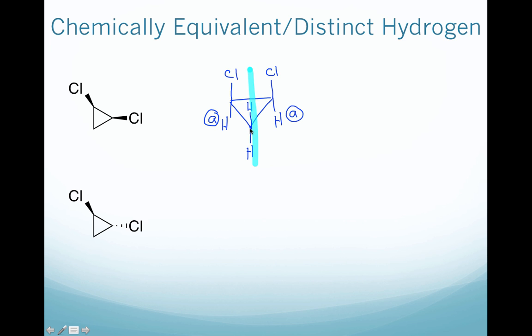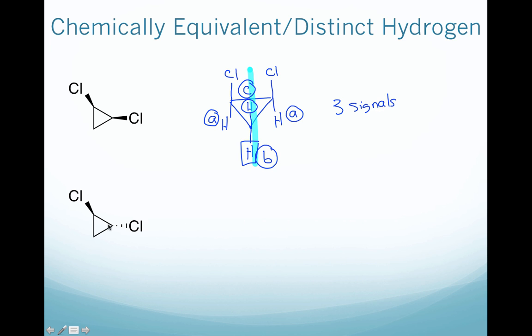Now these two protons on this carbon of the cyclopropane, they're different than proton type A. But now this proton on top is on the same side as chlorine. This proton on the bottom is on the opposite side of the chlorine. These two protons see different things, they're in different chemical environments, so they are chemically distinct. So we'll call this one on the bottom B, this one on the top C. So there will be 3 signals.